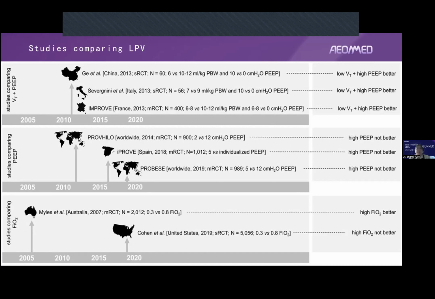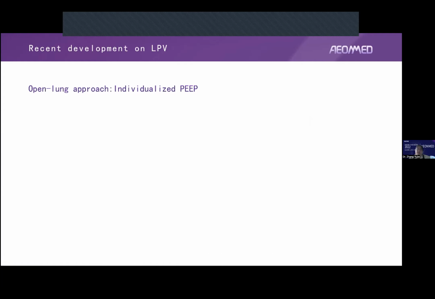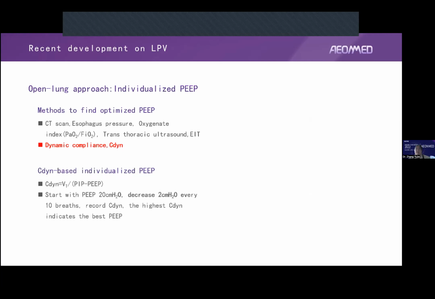Then how do we determine the best PEEP number for every patient when the conditions vary for each patient? There are many methods, and among them, the thoracic CT scan is the gold standard for determining the PEEP, but it's difficult to apply during surgery.